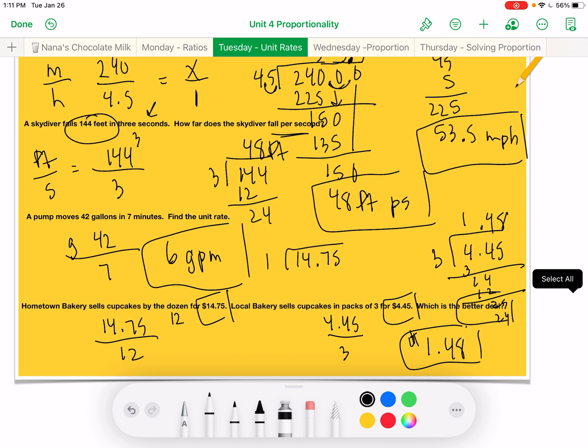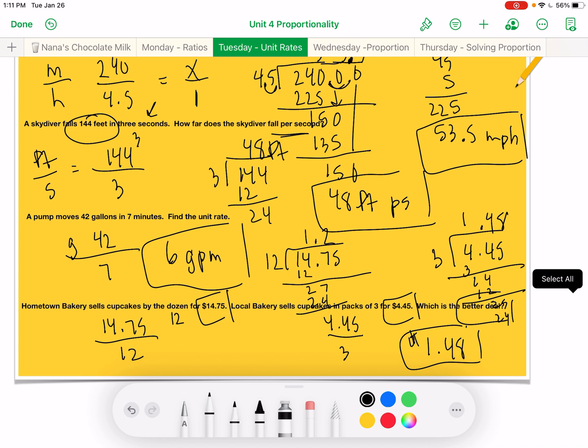14.75 divided by 12. Okay, right now, to answer the question, I already know this is going to be $1.20 something. So if it's an open-ended question that says which one's the better deal, we know that Hometown Bakery is a better deal.